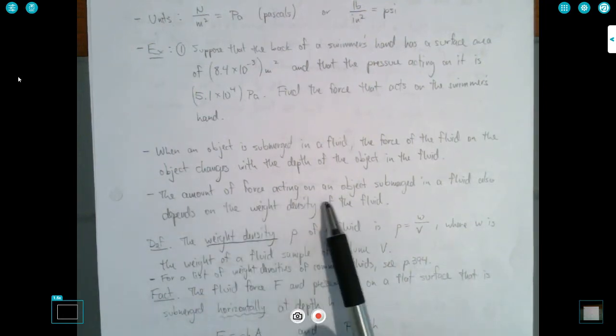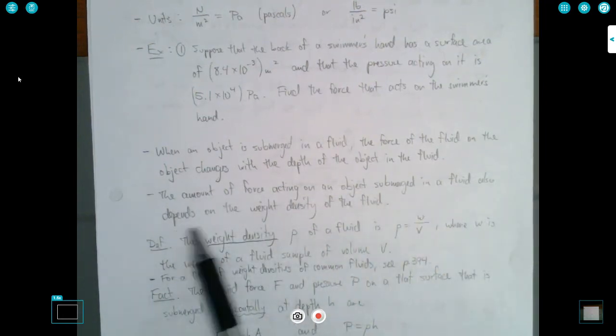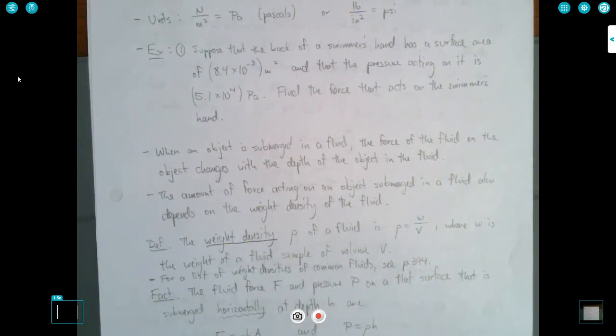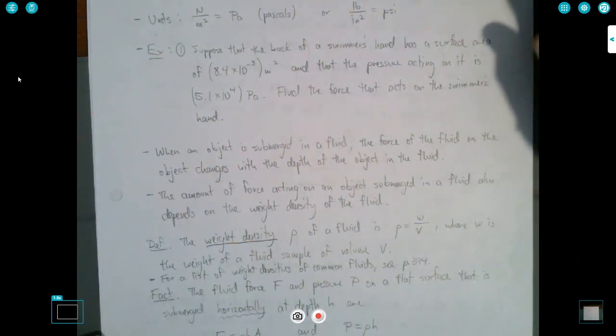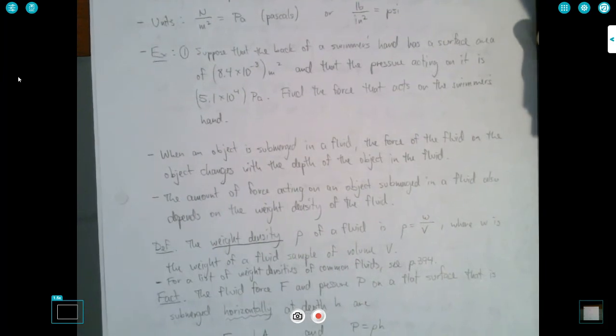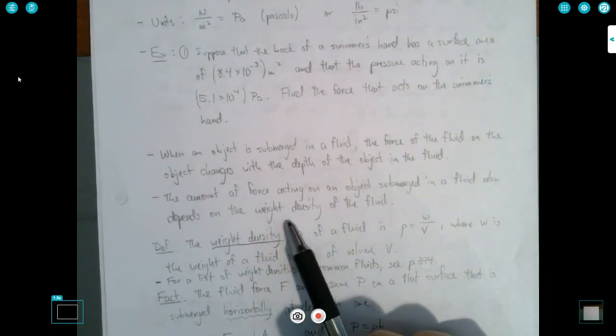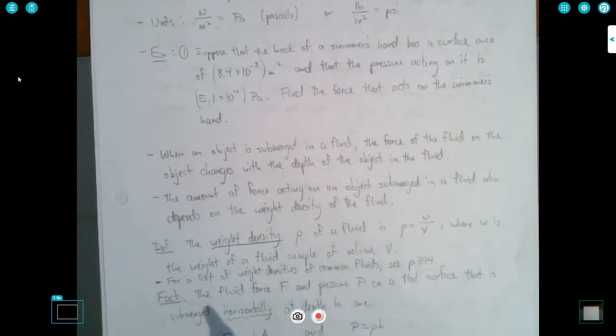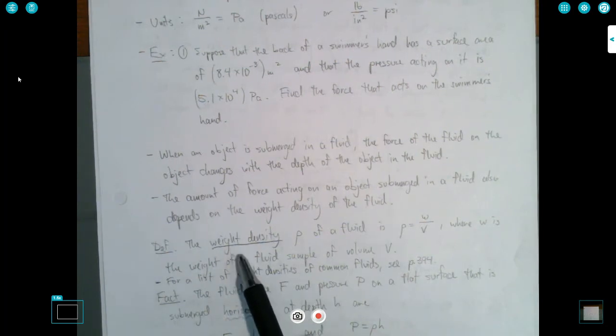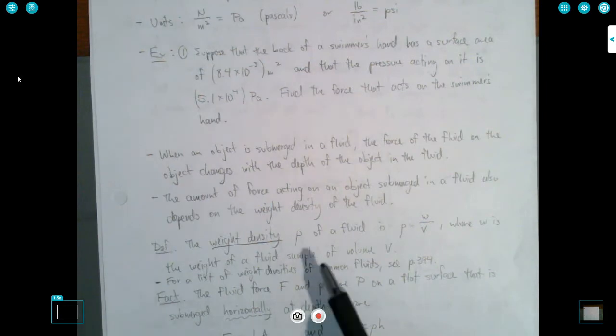The amount of force acting on an object submerged in a fluid also depends on the weight density of the fluid. Some fluid is more dense than other fluid, and so the more dense it is, the more pressure it's going to exert. So weight density is another factor. We have a symbol for the weight density. We use the Greek letter rho, which looks kind of like a little p, but it's the Greek letter rho.